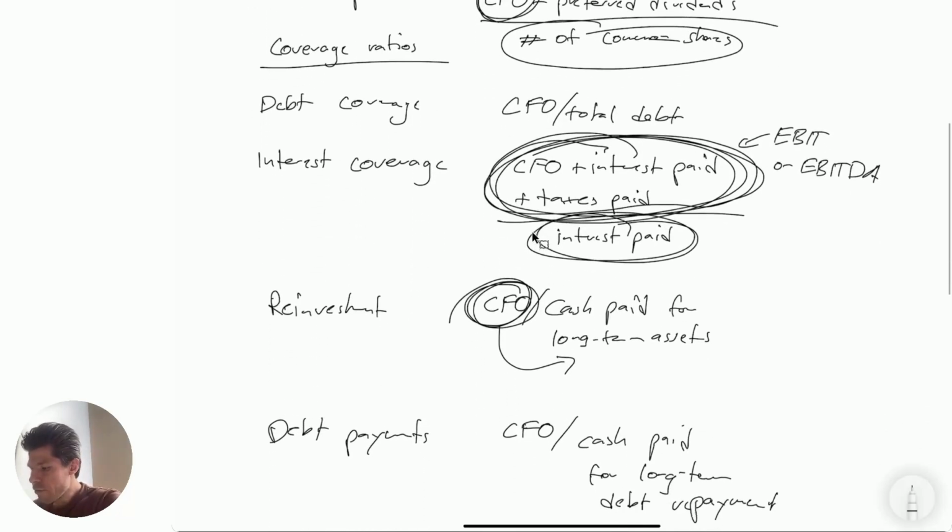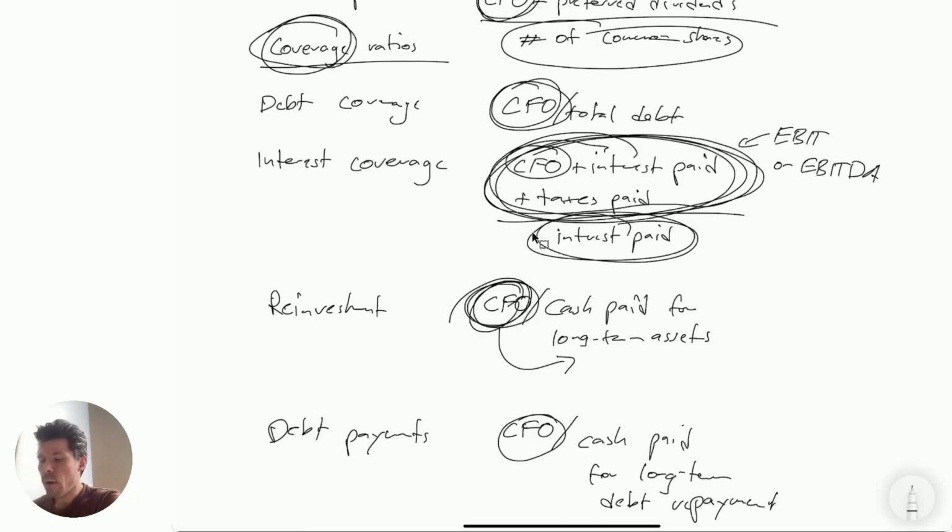If you look at the coverage ratios, here a high number is good as well, because it says coverage, how much cash flow from operations do you have to cover whatever you're looking at? How much CFO do you have available to cover total debt? How much CFO do you have available to cover your interests that you need to pay?